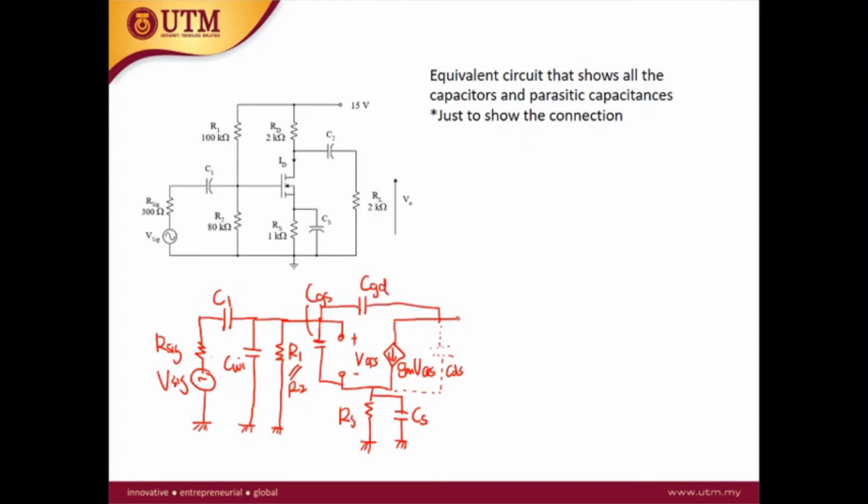So this is your CGD. Then we have here the RD. This is your CWO, and you have the output coupling here, and you have your RL. This is C2. This is the equivalent circuit with all the capacitors and all the capacitance.